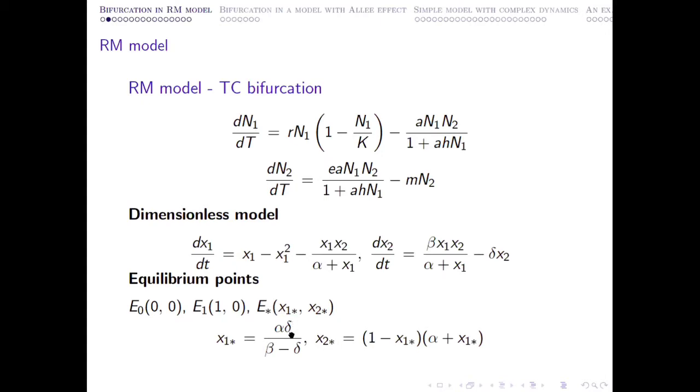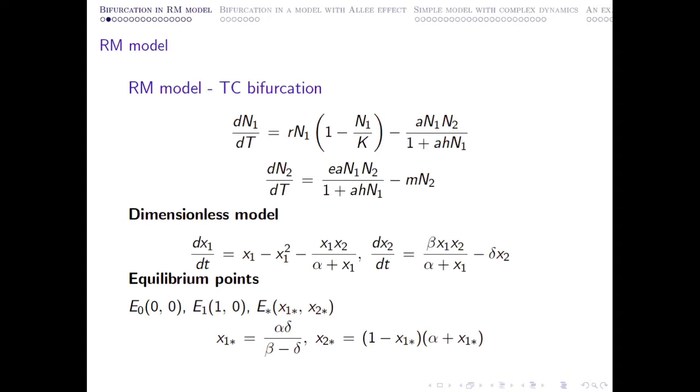That means if we choose alpha, beta, delta in such a way that alpha delta by (beta minus delta) is equal to 1, then your x2* equals 0. And this clearly indicates that this E* coincides with (1, 0) whenever the parameter satisfies the restriction alpha delta is equal to beta minus delta.